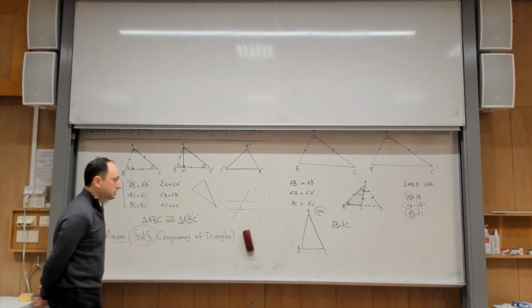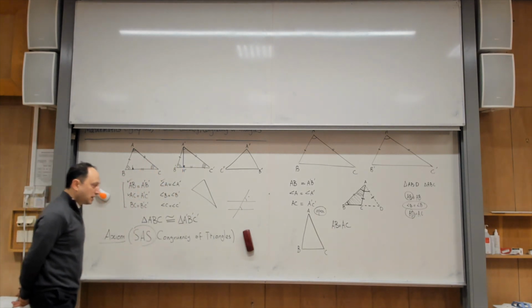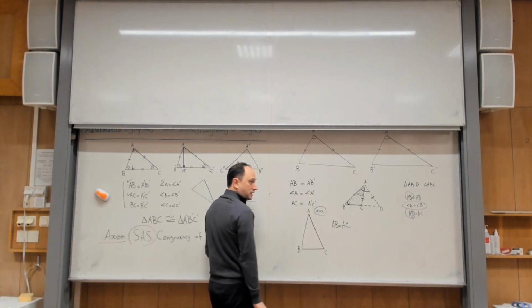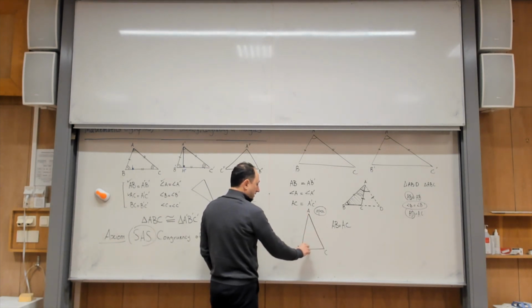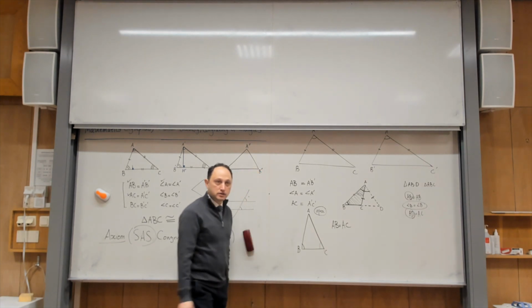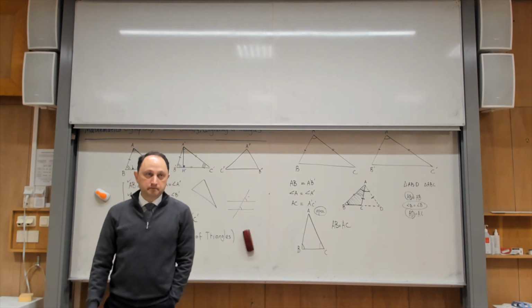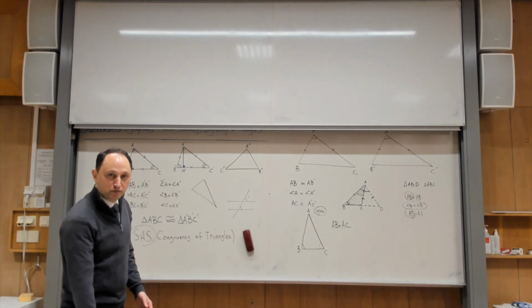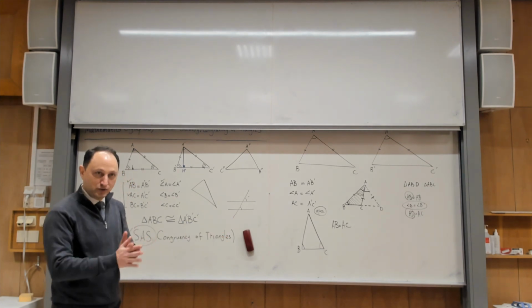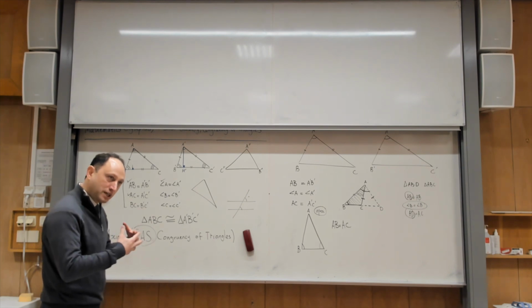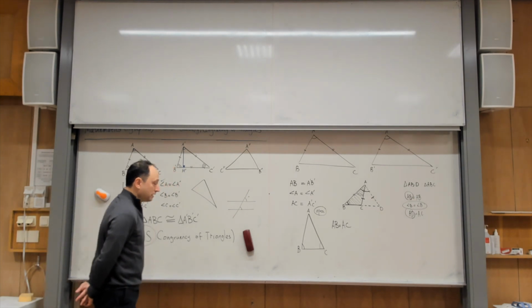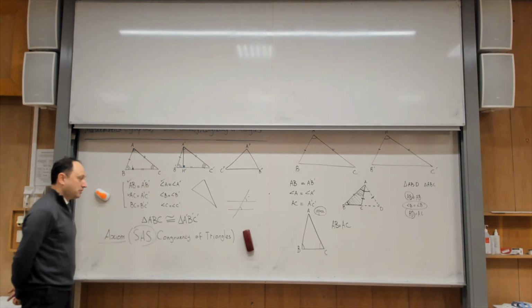Okay, so AB is equal to AC. Of course, I'm completely sure that you know that if AB is equal to AC, then this angle and that angle are equal in size. But why? Because now we cannot say that this is another axiom. We prefer to make the number of axioms as low as possible, yes? We want to be able to prove as many statements as is possible.